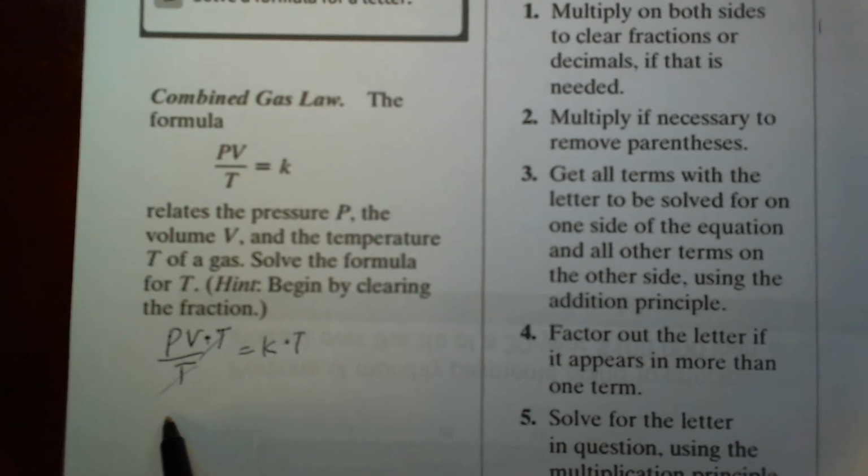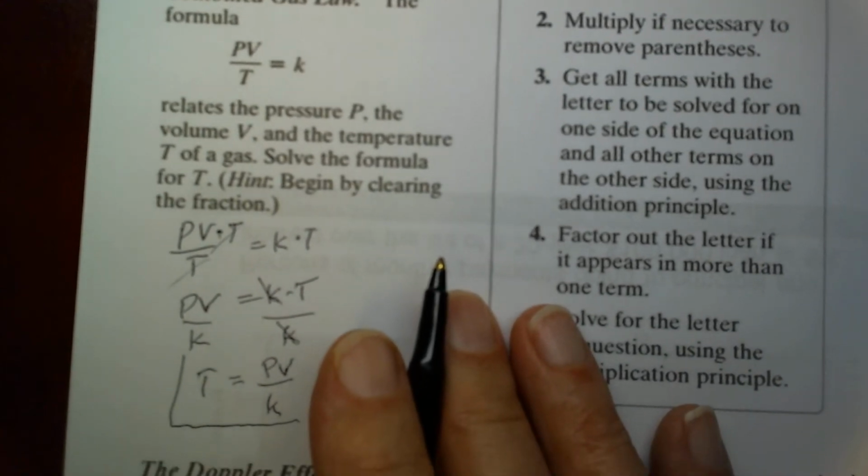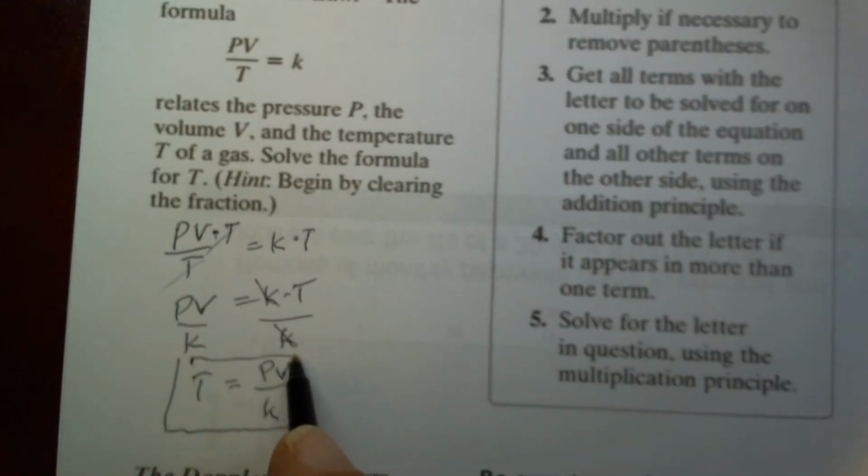So we now have the equation PV equals K times T, and we want to isolate T, so we divide both sides by K. So we can cancel the K's here, so T is equal to PV divided by K. And by the way, that's a lowercase letter k.